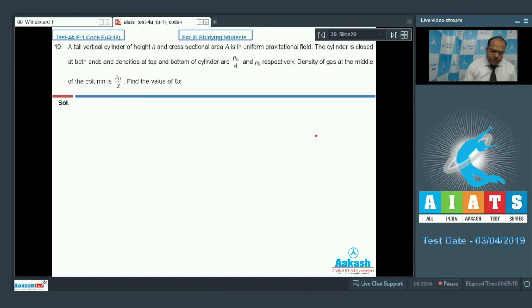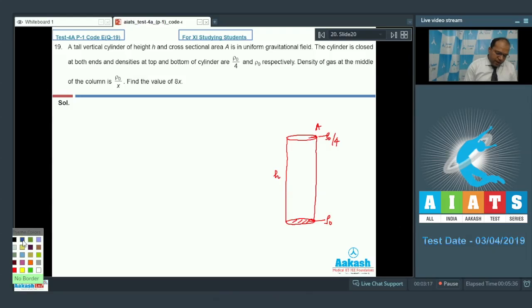Let's analyze the situation. Suppose this is a tall vertical cylinder and its cross-sectional area is A and its height is h. The density at the topmost position is rho naught by 4 and the density here is rho naught. Now I am considering a section at a distance y of length dy.